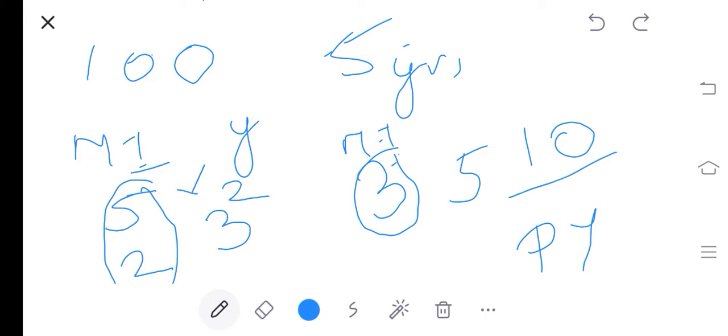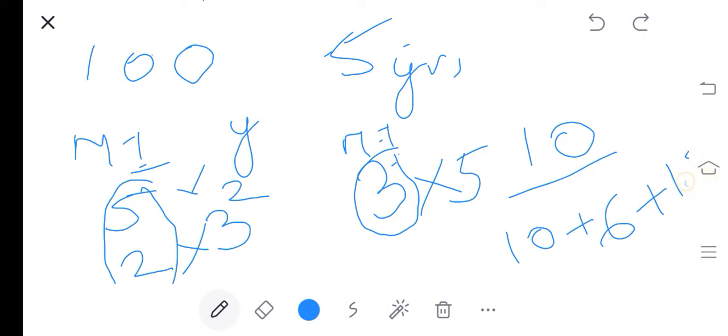That is 5 × 2, which would be 10. Person-years is what you write below. Plus 2 × 3, which would be 6. That also you should write in the denominator. Plus 3 × 5 would be 15.